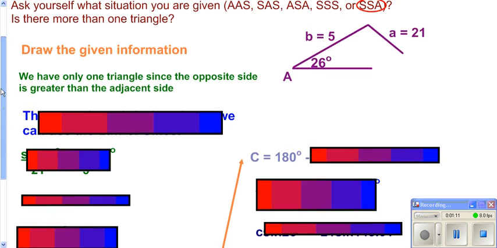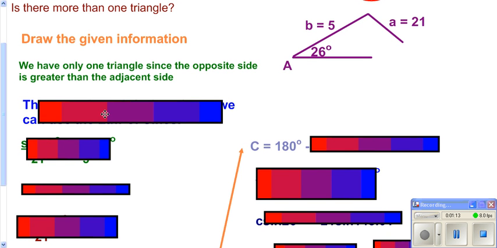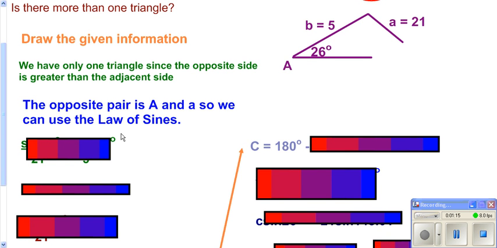So we just go ahead and solve it like normal. We do have an opposite pair, angle A and side A, so we'll use our opposite pair.